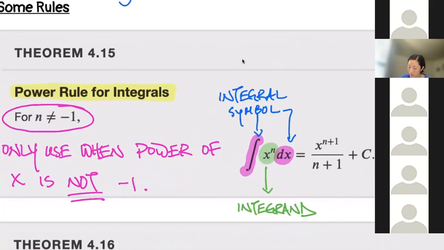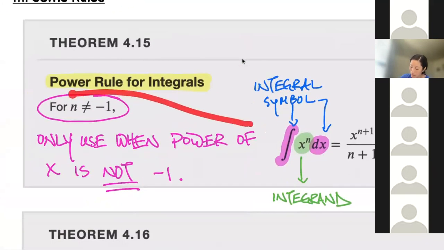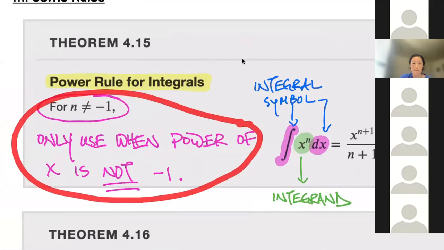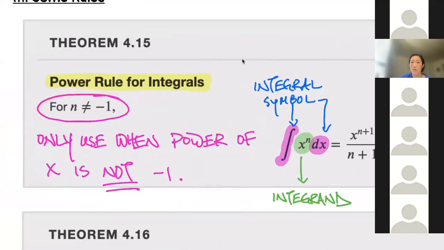And more specifically, that power is not -1. And so as soon as I notice that, I say, hey, if I want to find out where this function came from, I can take the integral or the antiderivative of that function.